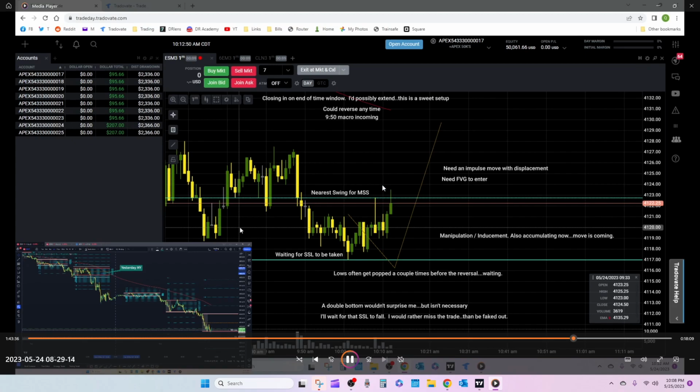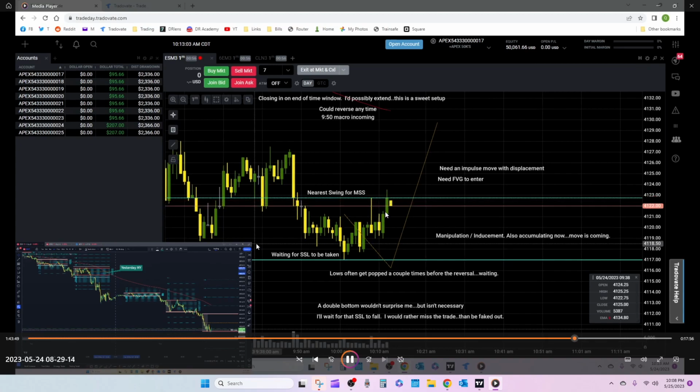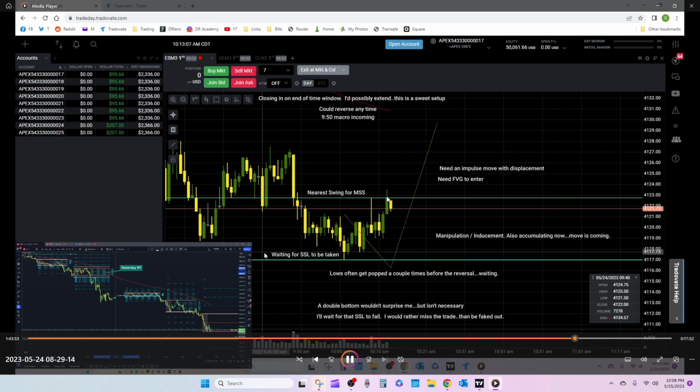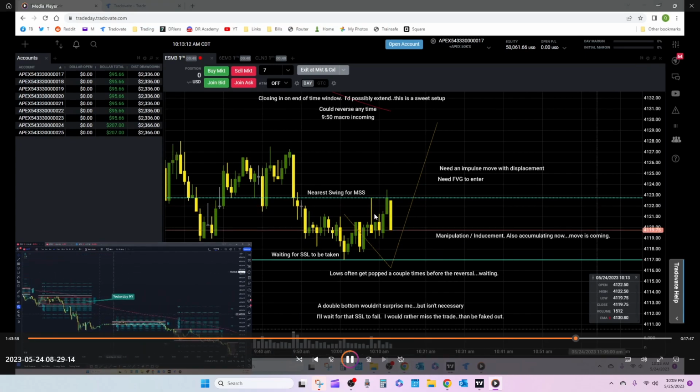We're about to cross that swing high, but we need it to be a candle with some movement, or a series of candles. It can't just pop across and come back down like I think it's going to do here. Yeah, this isn't displacement. This is just regular manipulation and part of this whole consolidation thing here.